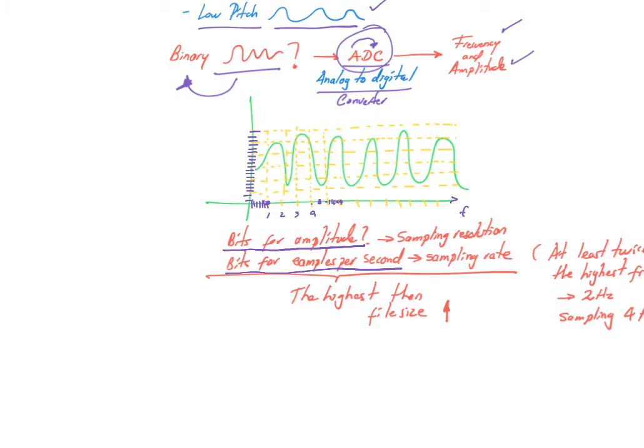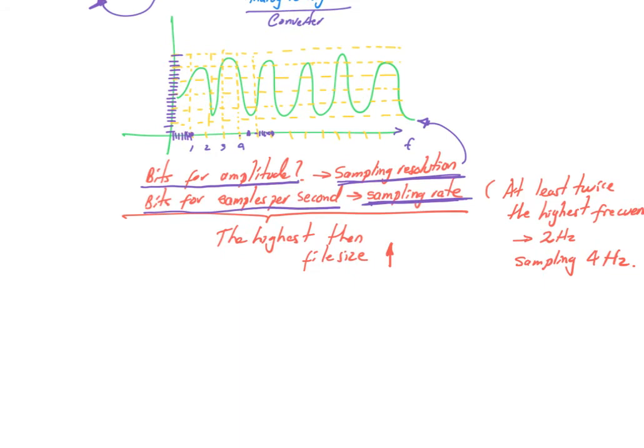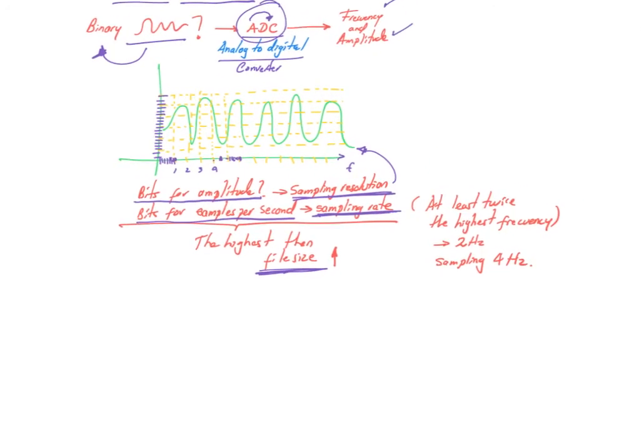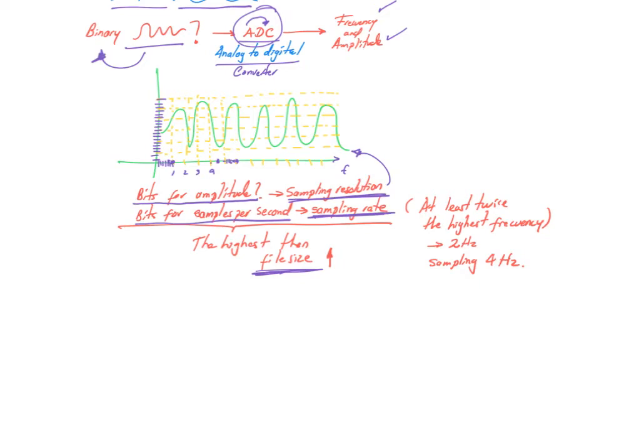That's what is called the sampling rate, how many measurements I make in 1 second, and the sampling resolution is how many bits I use for the amplitude. Obviously, if I increase the sampling resolution and sampling rate, the size of the file is going to increase, and that's why we're going to talk about compression later on.